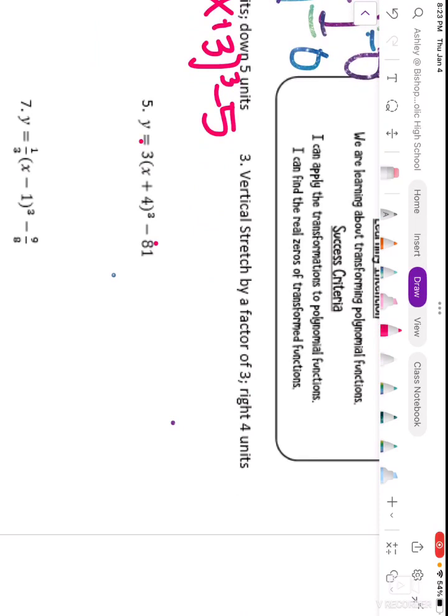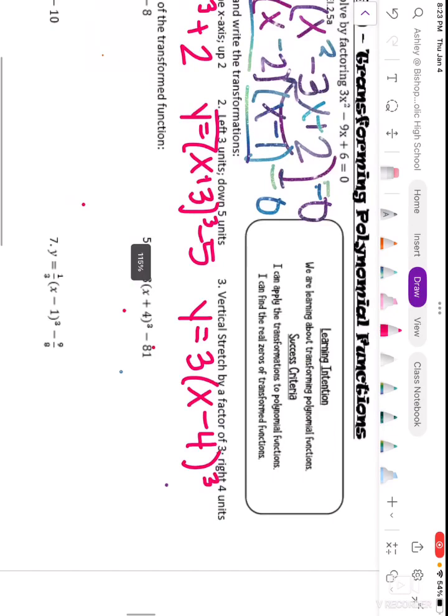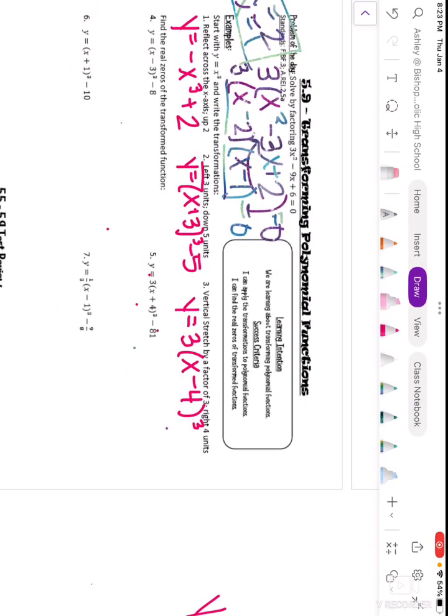Last one like this, a vertical stretch by a factor of 3. We would have a 3 on the outside. It's being multiplied by to stretch it by 3, and then it's moving right 4 units. So on the inside there, it'll be minus 4 and then cubed. So that cubed is just coming from the parent function. It told me to start with y equals x cubed.